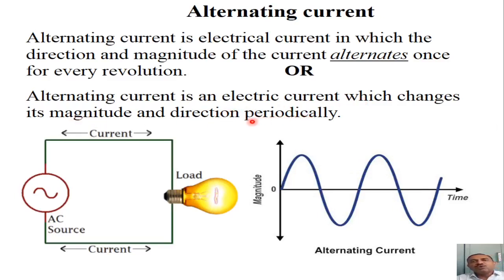An important word is periodically. It means that this current is going to have the same changes for a given cycle which will be repeated continuously. That's why the word periodically is used. In the first definition we have seen the important word alternates. It means that it is changing its direction and magnitude alternately.